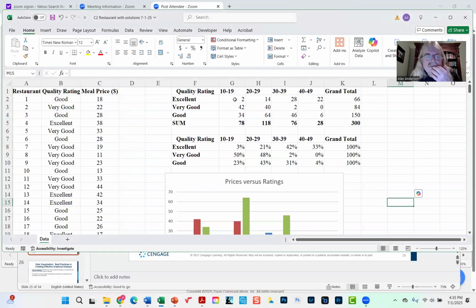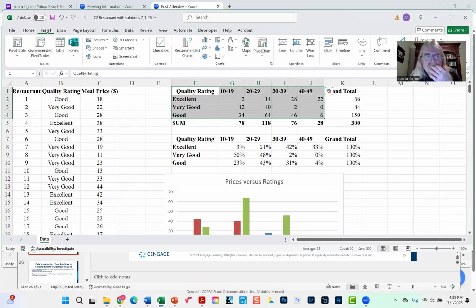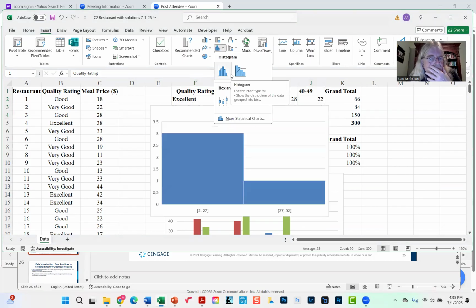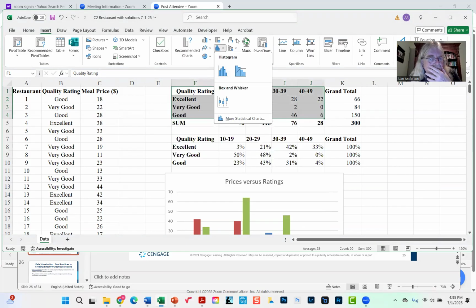Let's see if we can do that one. So let's go over here to the bar charts. Oh, I'm not so sure if it has that one.